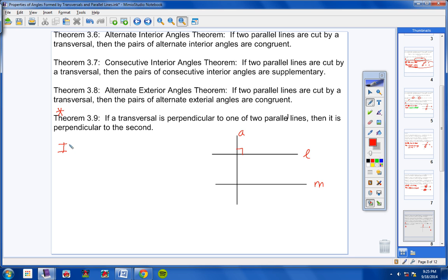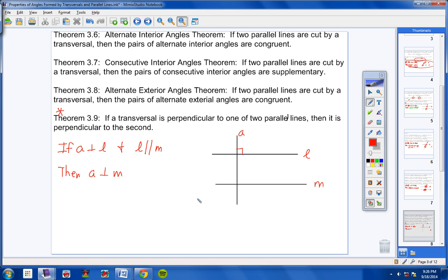If a transversal is perpendicular to one of the parallel lines, so if A is perpendicular to L and L and M are parallel, then you know for sure that A is also perpendicular to M.